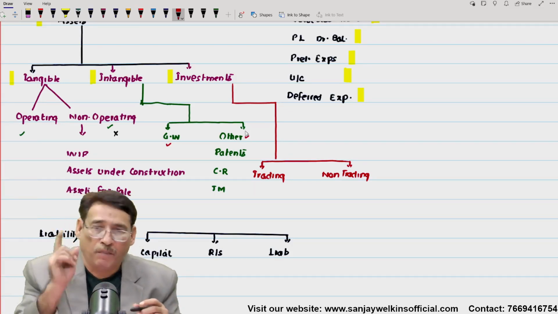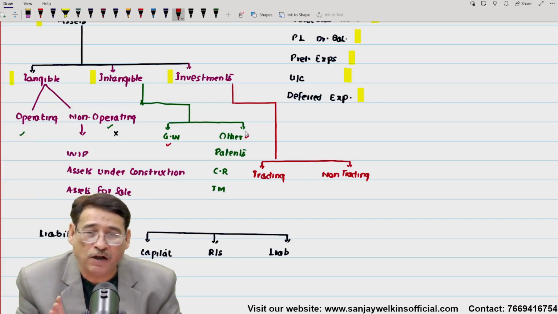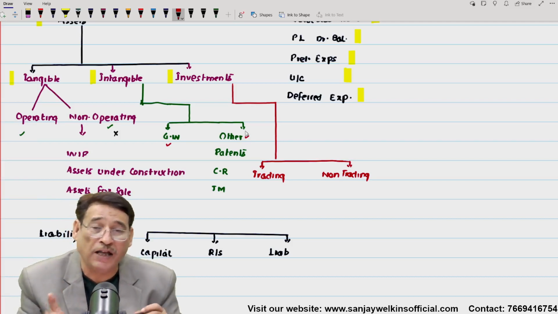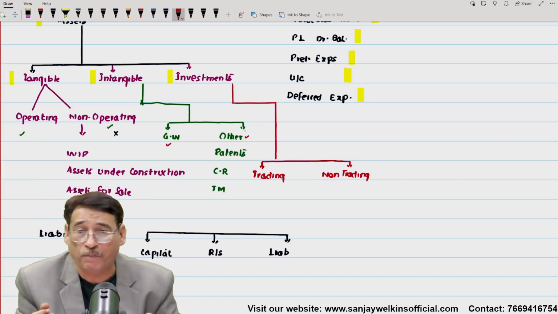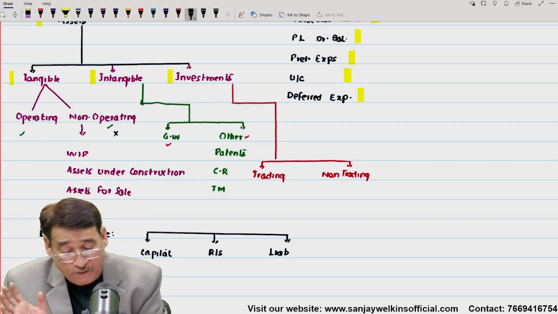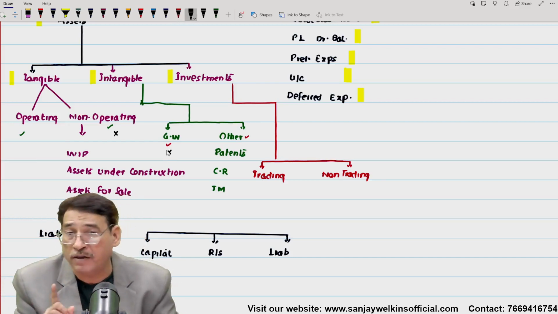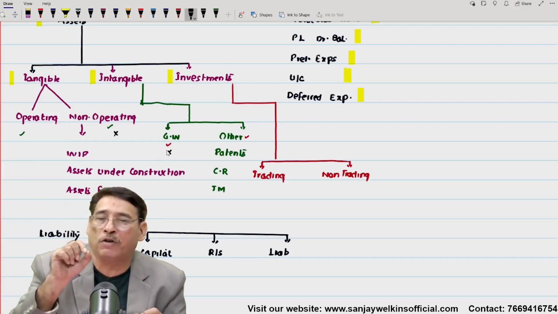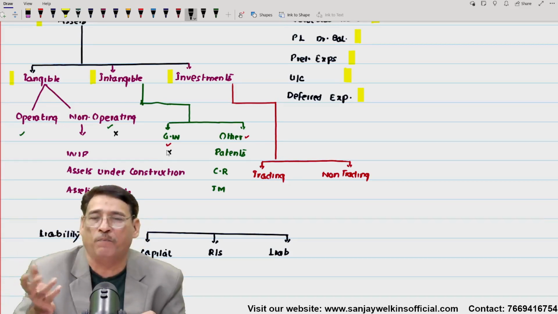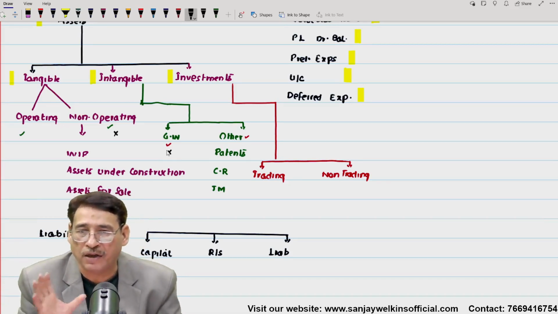Pay attention. When you do the valuation of goodwill and need to compute the capital employed, you will never ever take goodwill also. That means non-operating assets will not be considered and goodwill will also not be considered because you are doing the computation of the goodwill. Is it clear to you or not?